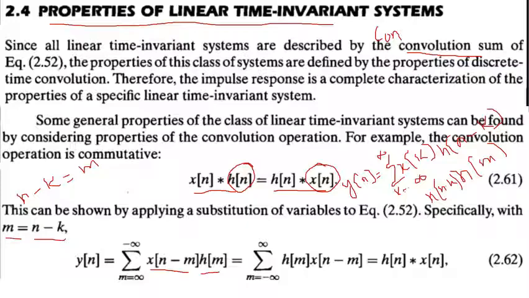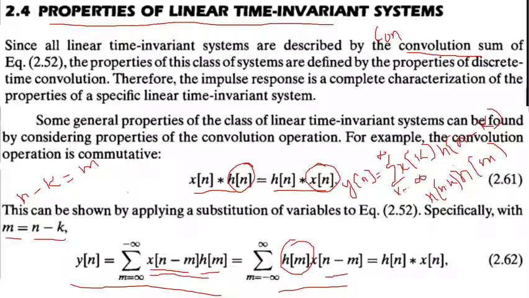So from here I got this thing, which is equivalent to writing this thing. It means that if I simply write h of m and x of n minus m, these are both the same things. We just did some substitution. In the original formula, if you put n minus k, you will get this thing.